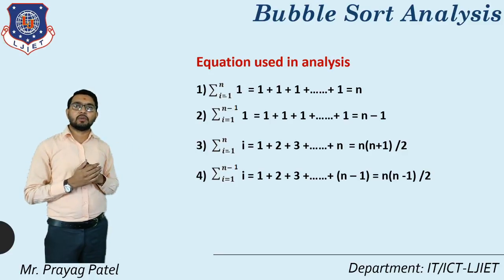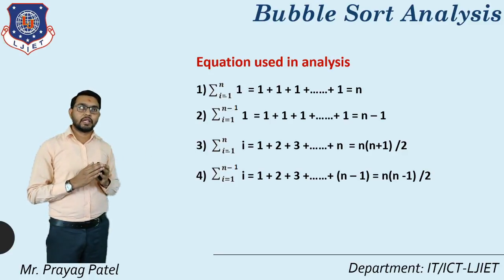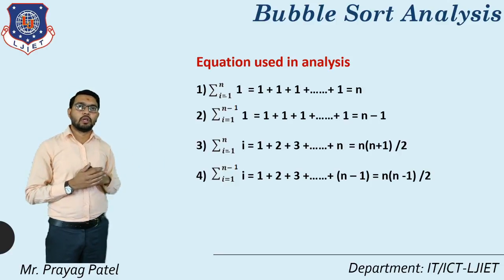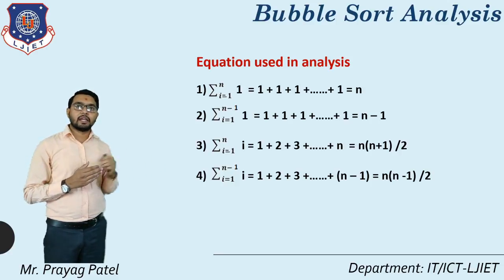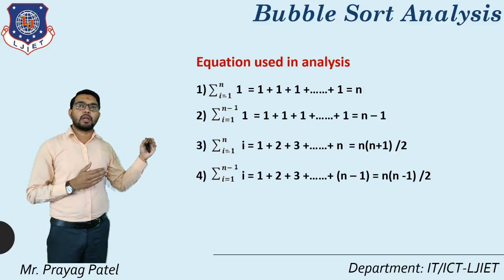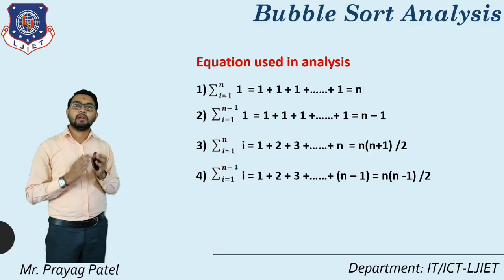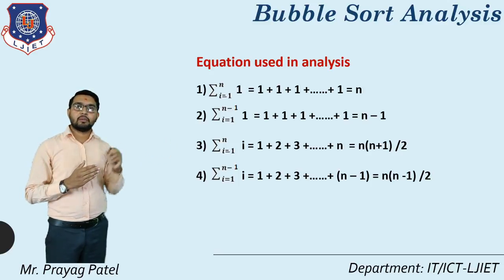Now the first equation is sigma i equal to 1 to n of 1. Then we can say that the sequence is 1 plus 1 plus 1 up to 1, n times. Now for the second equation, sigma i equal to 1 to n minus 1 of 1, we can consider 1 plus 1 plus 1 up to 1, n minus 1 times. So this is n minus 1.